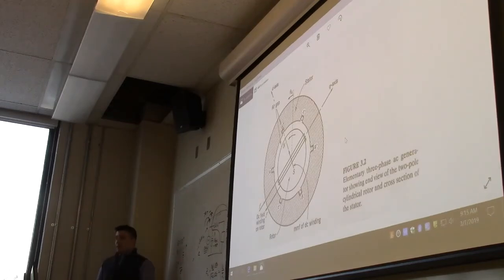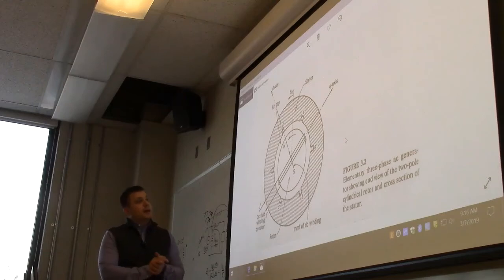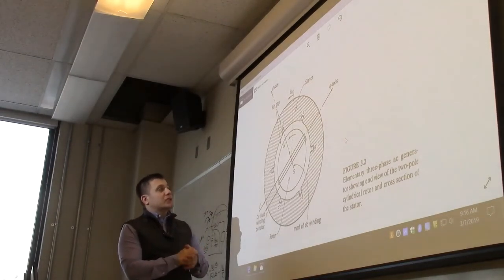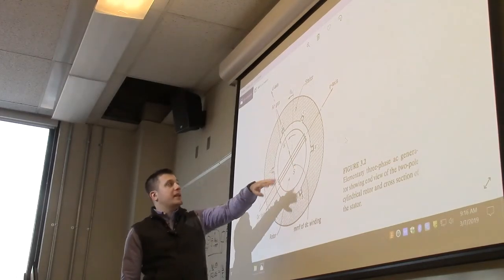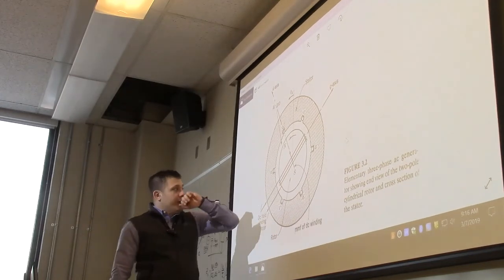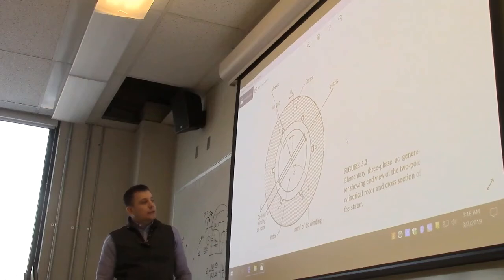This is a picture from a textbook that we used to use, but it's a really good picture. It's a little bit more complete. It shows all three of the phase windings, of the stator windings, A, B, and C. It shows our field winding, as well as our field current.